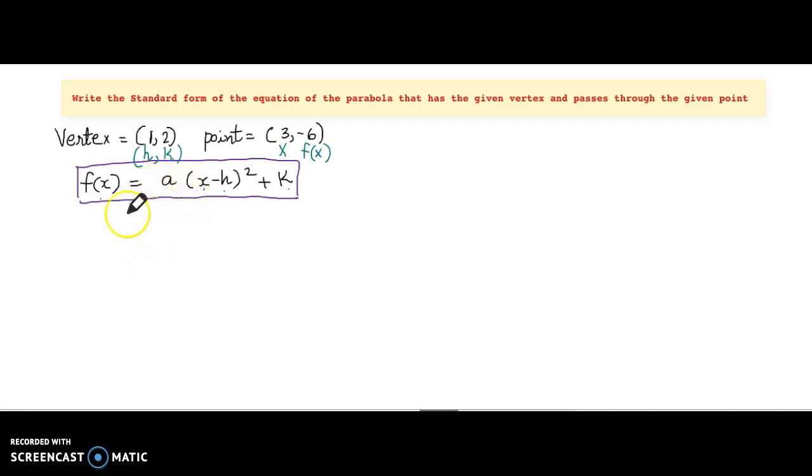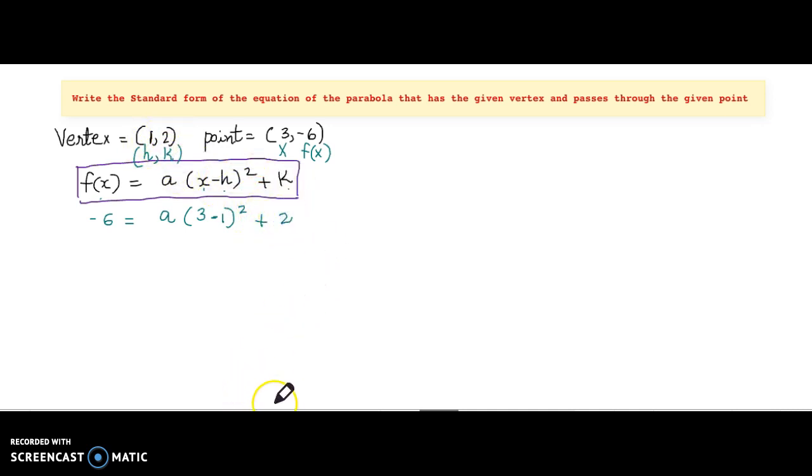So I'll show you how. Instead of f(x), I'm going to plug in the number -6. So -6 is equal to a times, x is the number 3 here, so 3 minus, instead of h I have the number 1, the whole square, plus, instead of k I have the number 2.